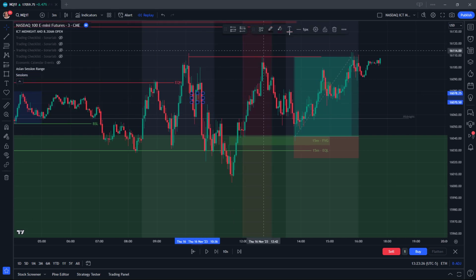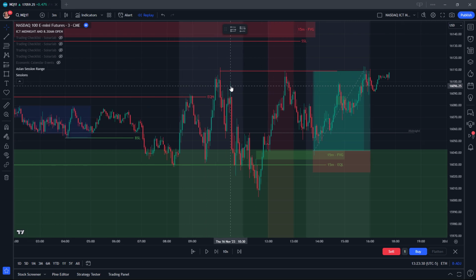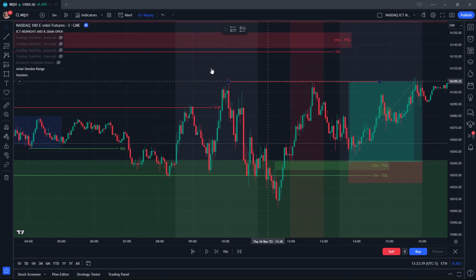But yeah, even with ICT concepts, I'm starting to feel like, as good as they are, it is just another lens in which to view price action.